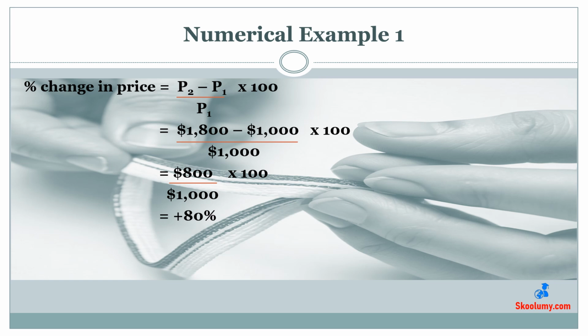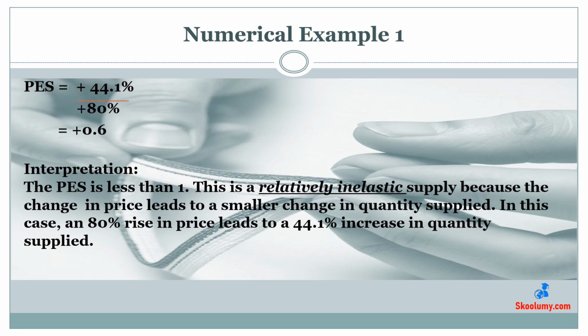Percentage change in price is P2 minus P1 divided by P1 times 100. That is $1,800 minus $1,000 divided by $1,000 times 100. The answer is plus 80%. Therefore, PES is plus 44.1% divided by plus 80%, which equals plus 0.6.